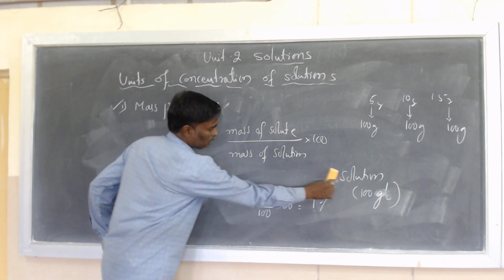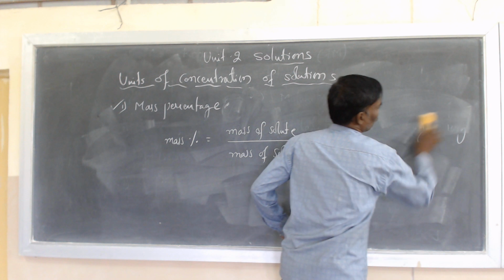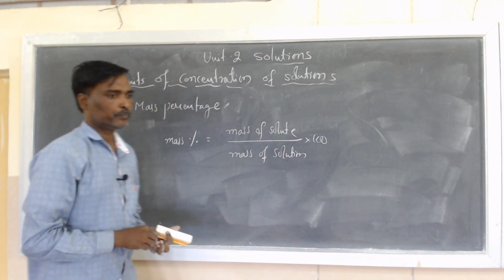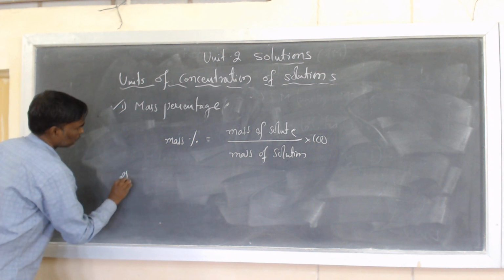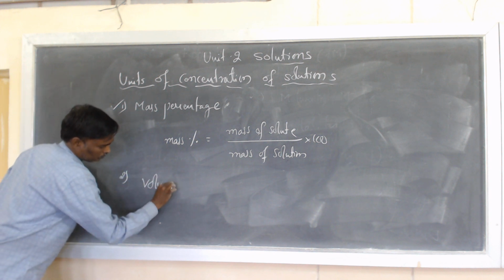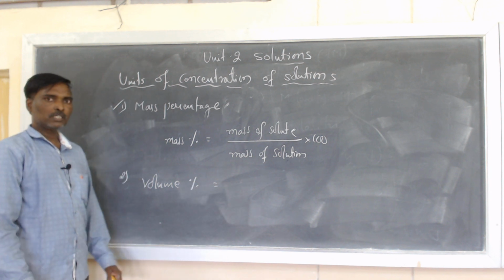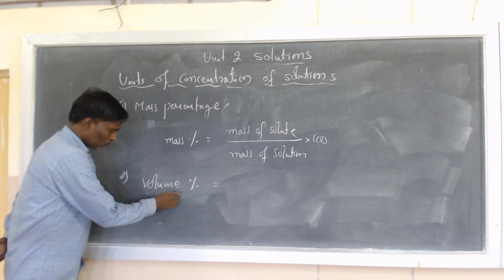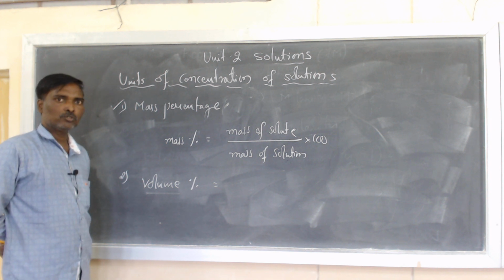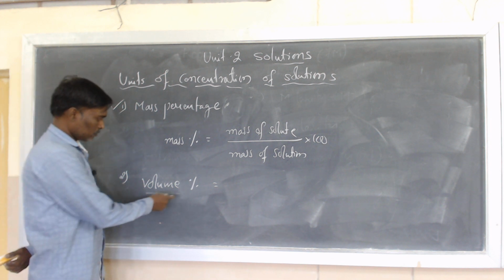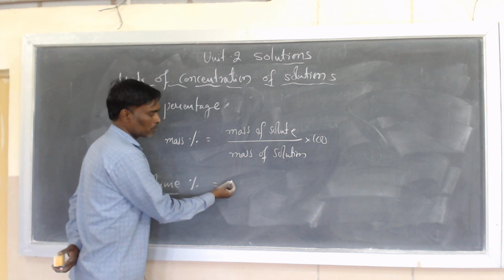Now similarly, the volume percentage, the second one. See, volume percentage means, here volume is the unit which is used to measure liquids, because this is the unit in which liquids are measured.